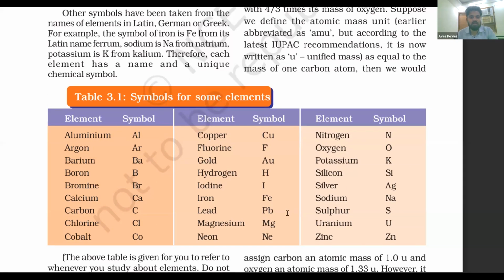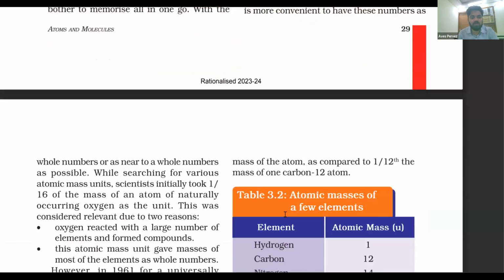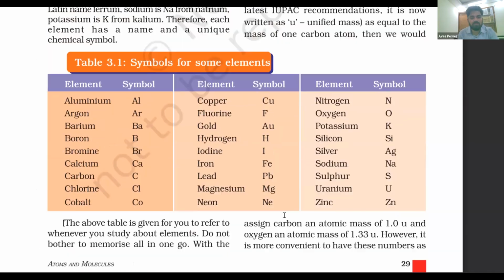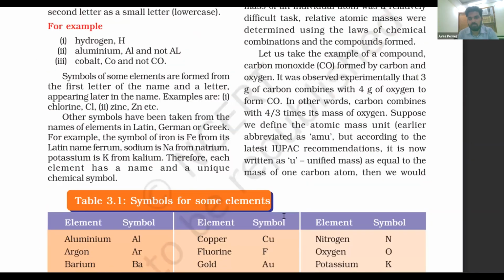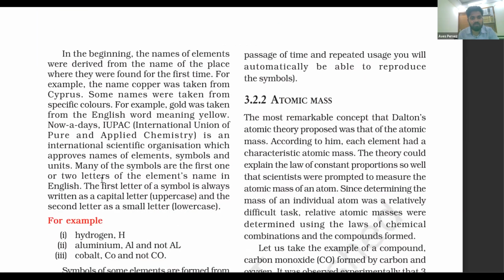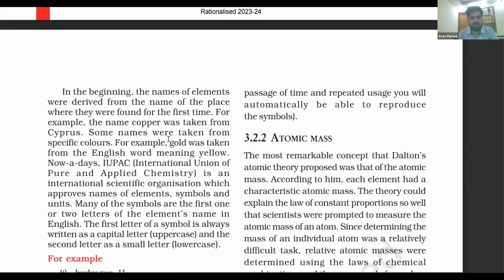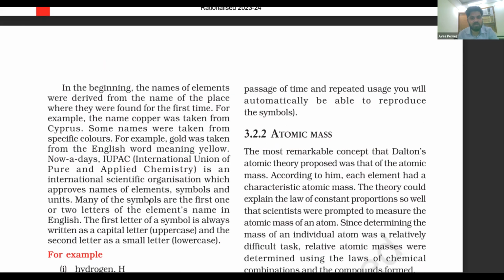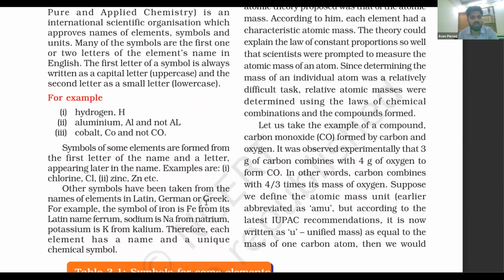Some of the elements are written in their Latin, German or Greek names. Like the Latin name of iron is ferrum, so it is Fe. Sodium is natrium. Potassium is kalium, not catrium.